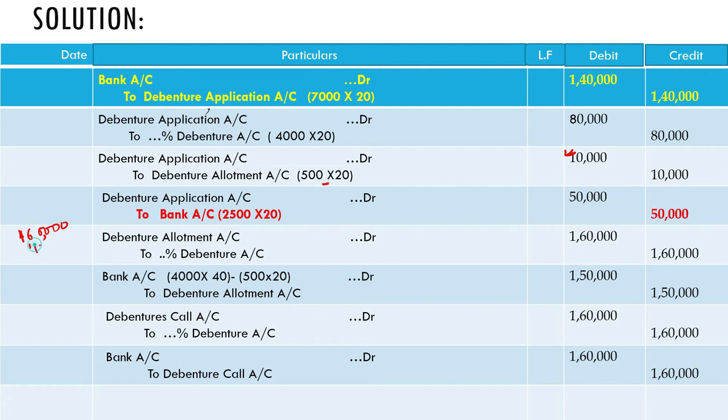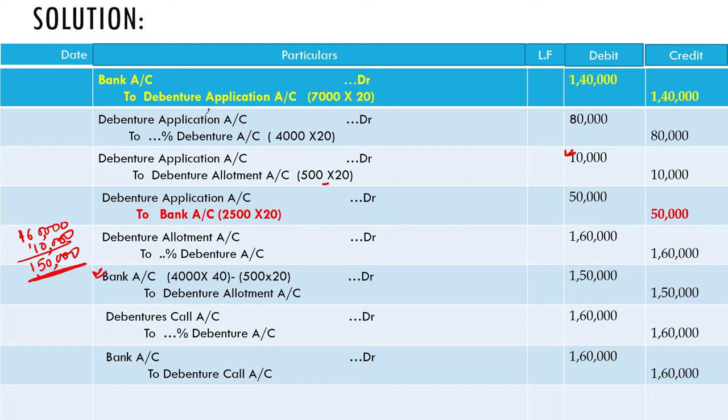So when we deduct this 10,000 out of the total value of 1,60,000, we will get 1,50,000 only for the allotment value. So company will only receive 1,50,000 during allotment.